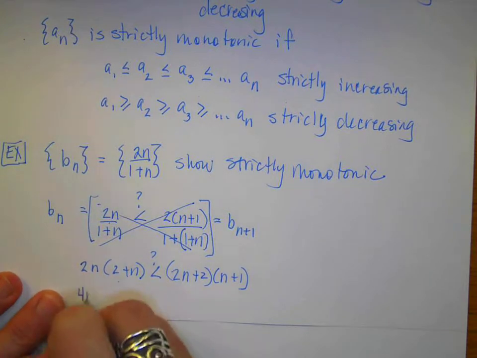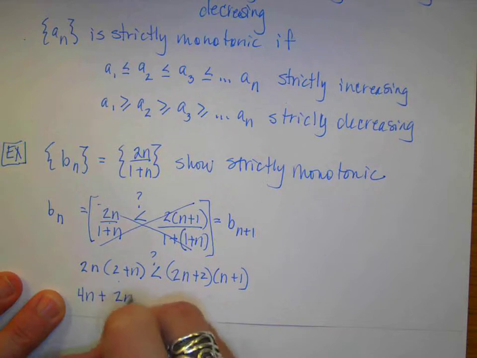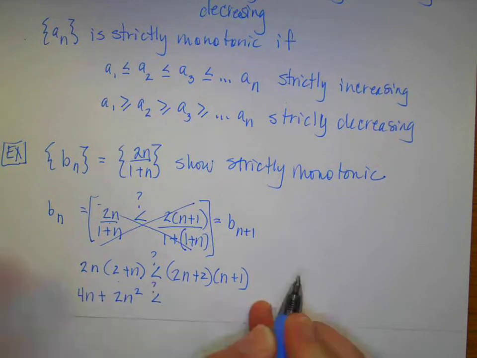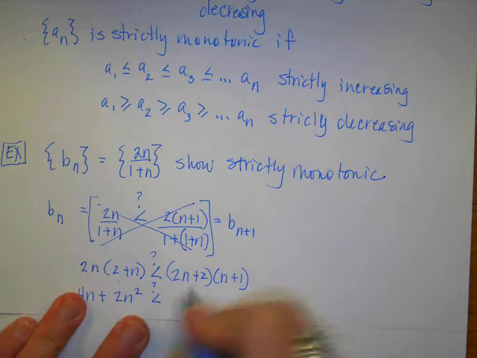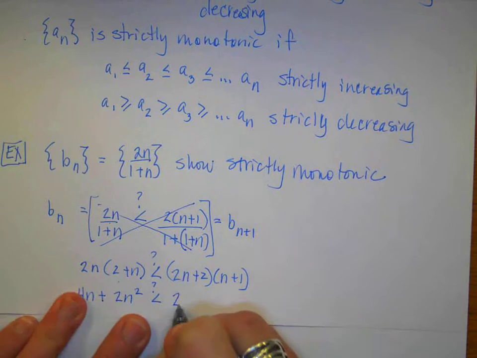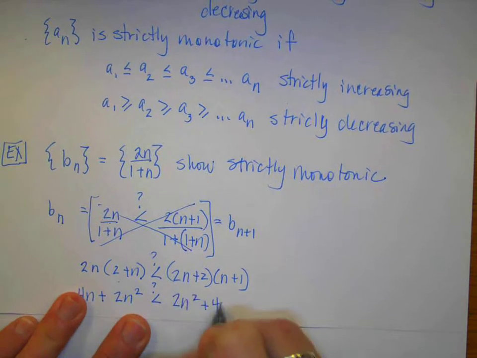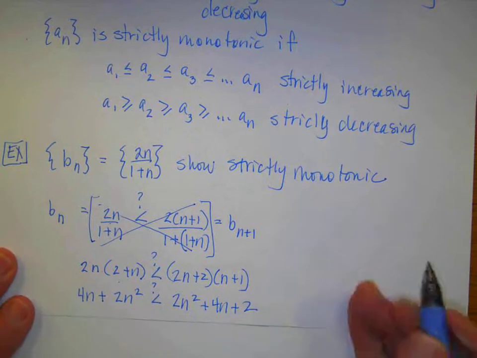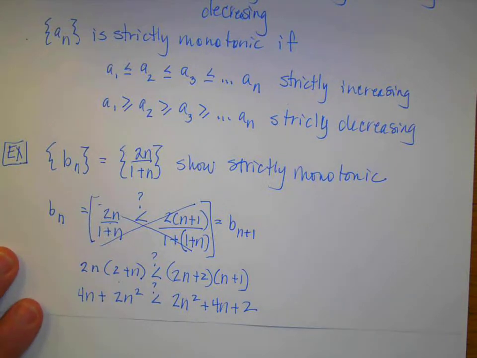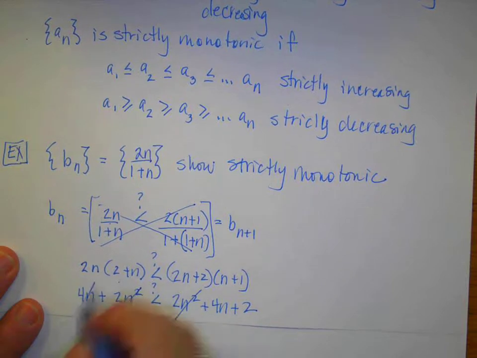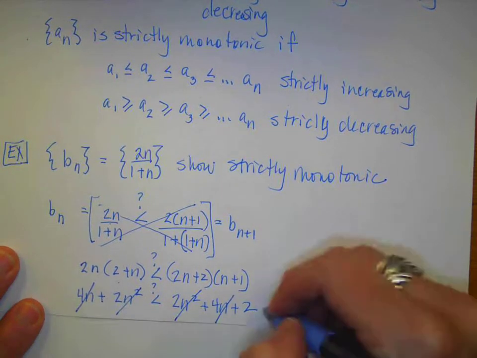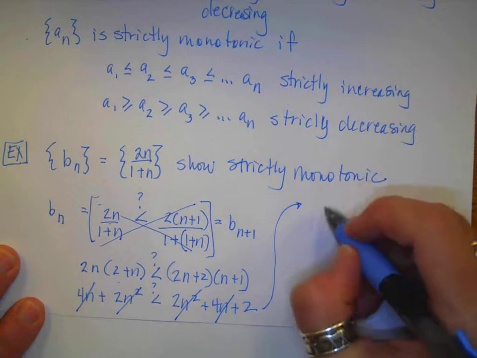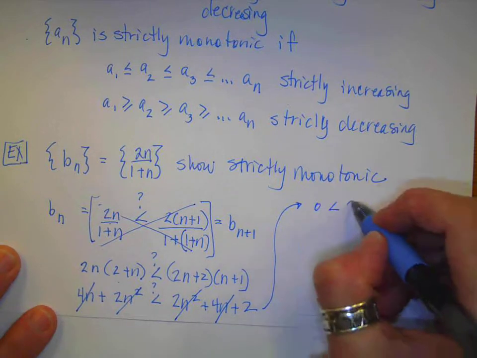So if I expand this side and I expand this side, I get 4n plus 2n squared, still trying to show this relationship. And then if I expand this guy, I get 2n squared plus 4n plus 2. Well, notice that some of my terms cancel, okay? So 2n squared goes away, 4n goes away, and then I'll come up here.